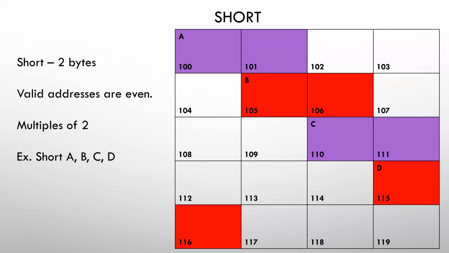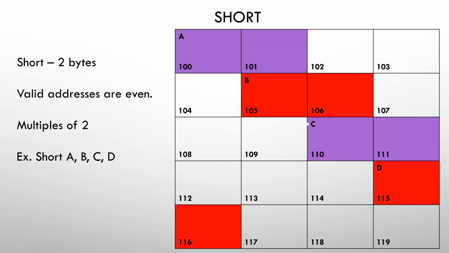As you can see, 105 and 106 are both red. So we move down to the third spot in the memory, which is 110. Because that is an even number, the short can be put there, and it's purple. The last one, the fourth spot, is the odd number 115, so it's red and cannot be used there.